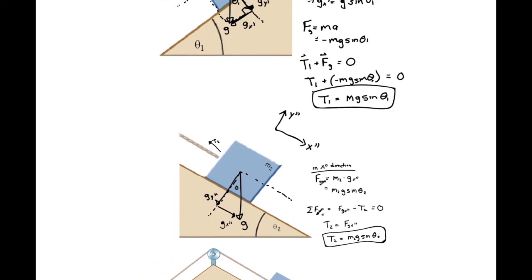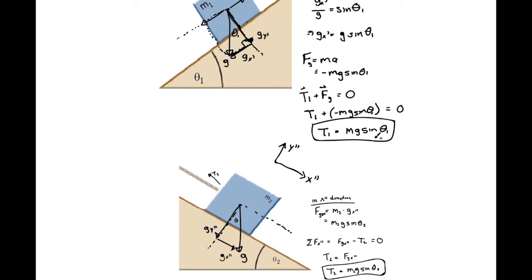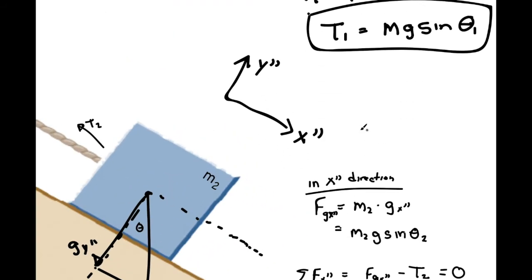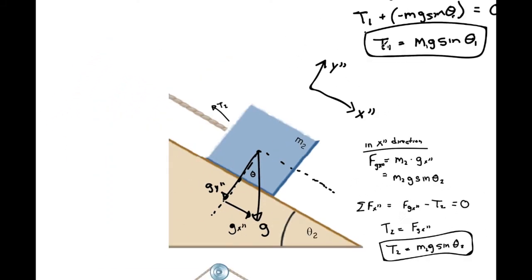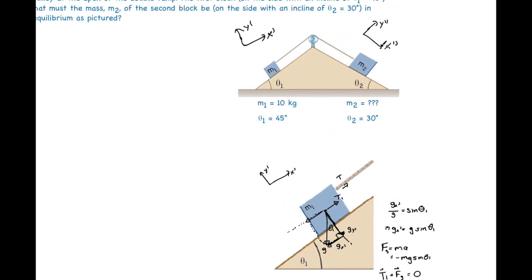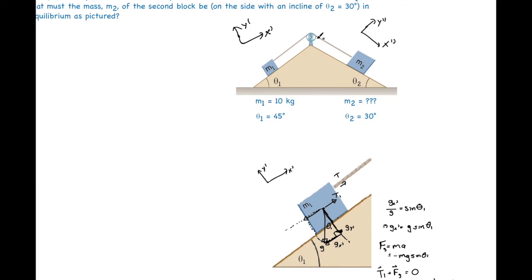So we have T2 is equal to m2 g sine theta 2. Back here we have T1 is equal to m g sine theta 1, and of course this should have been an m1, so let's go ahead and correct that real quick. That's an m1. Then we go back and look at the whole scenario, and we realize that T1 and T2 are on the same string.